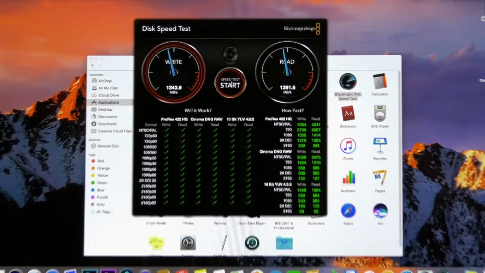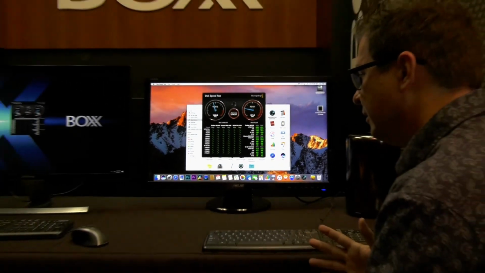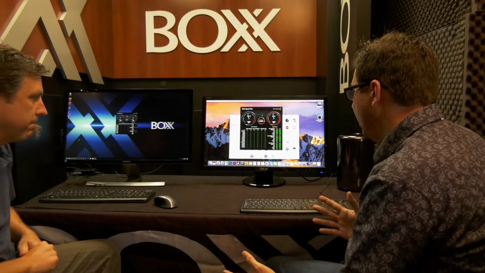Correct. And as you mentioned, it's all about real-time playback on these systems. When you have video footage, you need to be able to play it back as people are going to be able to view it. So what these disk speed tests show is that we can practically play back both read and write files at these frame rates in all these different formats.